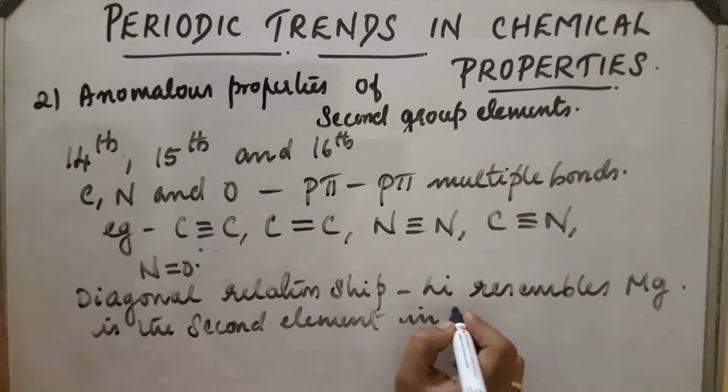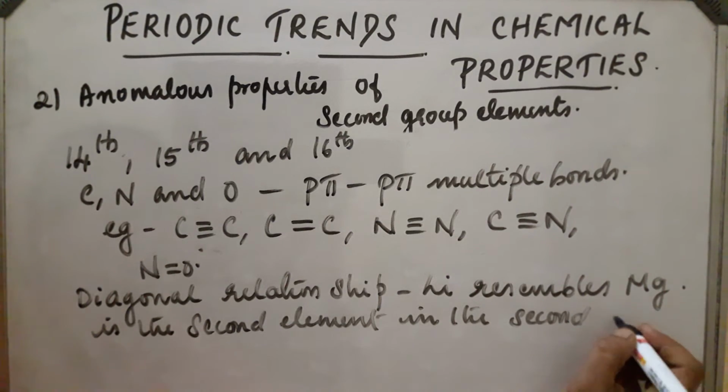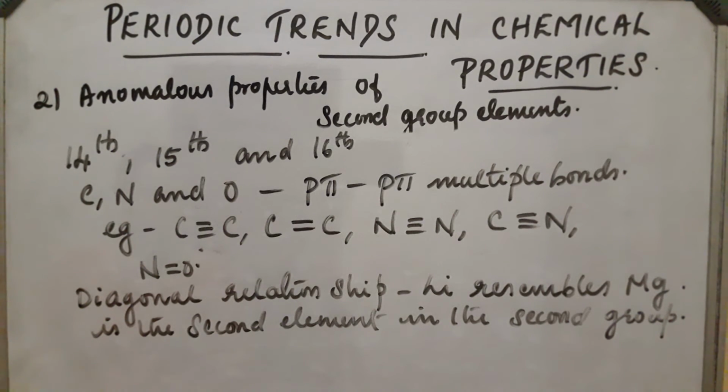So there is resemblance between these two in many properties. This property is known as diagonal relationship, that is, lithium resembles magnesium. Diagonally they are related.